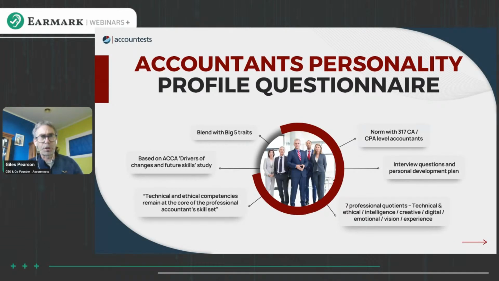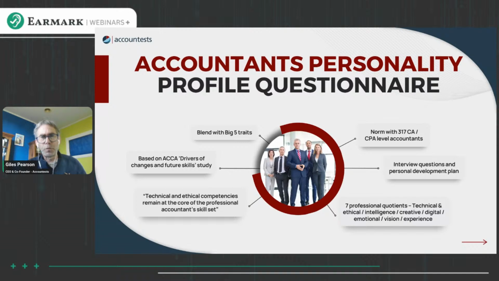So I am just going to talk a little bit about the profile that we built, but it does give you an insight into the way that these personality profiles are put together, because they'll all use a process a bit like this. We developed a personality profile specific for accounting. It's based on the ACCA Drivers of Change and Future Skills study that they did.